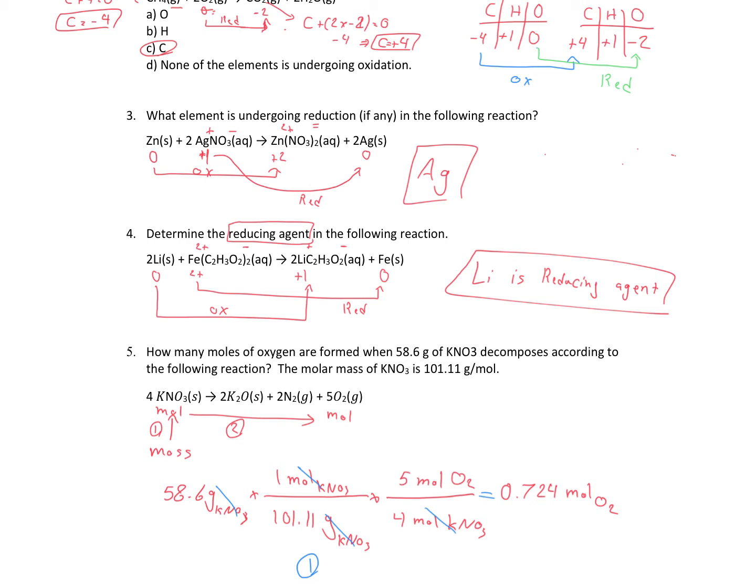So lithium is in the solid state, so its oxidation state is 0. Iron is making an ionic compound with acetate, and acetate is -1, and we have 2 of that, so the oxidation state of iron, Fe, should be +2. On the reactant side, we have lithium acetate.